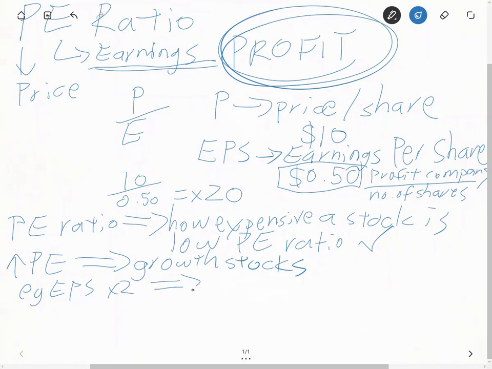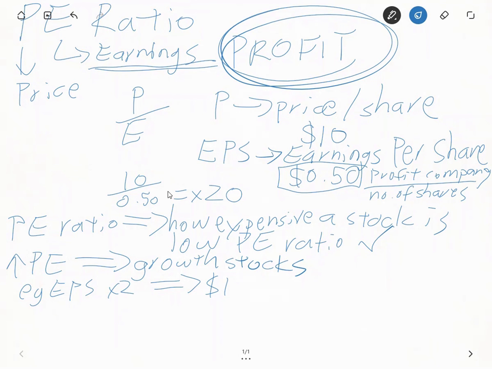So it's actually going to move to $1. Now, if we use our formula of PE, the stock is trading at $10 and the earnings per share is $1, now all of a sudden we have a PE ratio of 10, right? Because 10 divided by 1 is 10. So the company is actually becoming cheaper, which doesn't really make sense because it's actually a really good company. It's growing its profits, doubling it every year, which is really amazing.